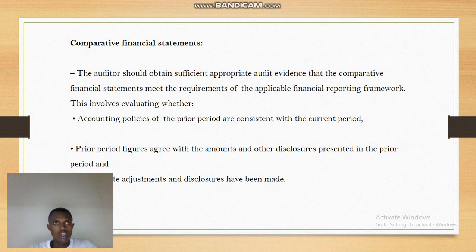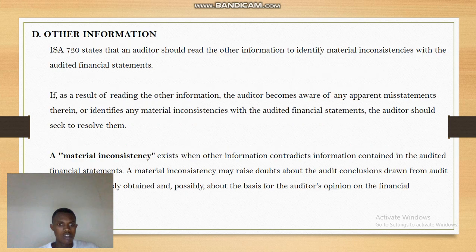In auditing, we compare the financial statement of the previous year and the current one, to check whether both apply the same accounting policies. So you check whether the accounting policies of the previous period are consistent with the current period.